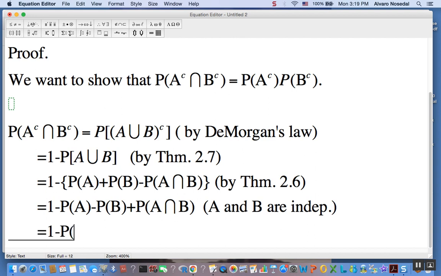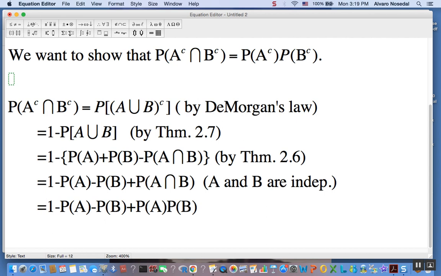So we have probability of A minus probability of B plus probability of A times probability of B. Are we good? Okay.